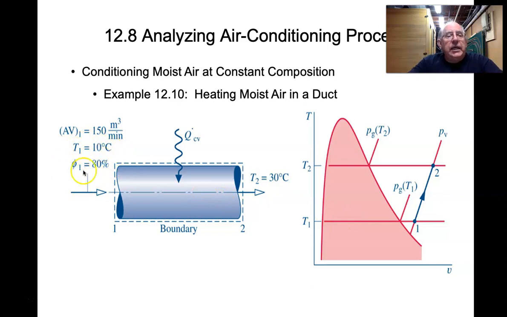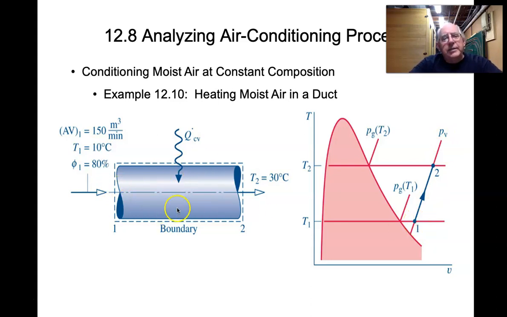As we see here, it's very close to the dome, very close to the saturated condition, and it's at 10 degrees Celsius. If we follow a constant temperature line, we would be able to determine the amount of vapor corresponding to 80% relative humidity, which we could obtain from a psych chart. We are at this particular location.